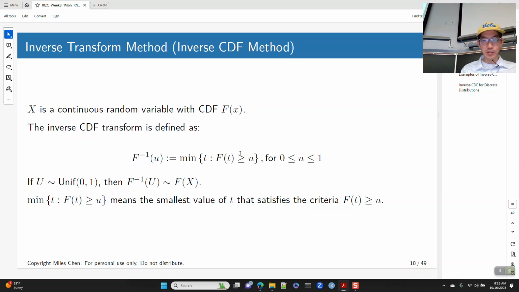So what is the smallest value of t that satisfies this quantity, that the CDF applied to t is greater than or equal to U, where U is a random value between 0 and 1? And that result, when you plug it into this function, is going to have distribution X.